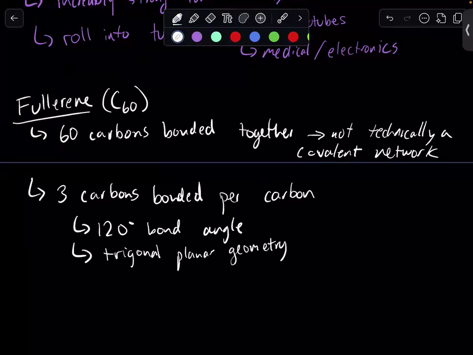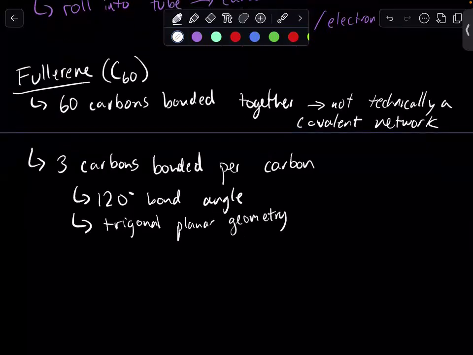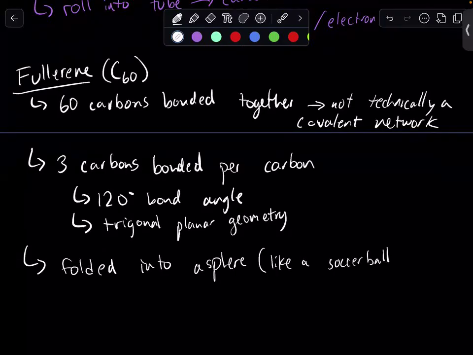But what makes this so special? Well, it's like graphene, but it's folded into a sphere, like a soccer ball. And I can insert an image of it in just a moment.